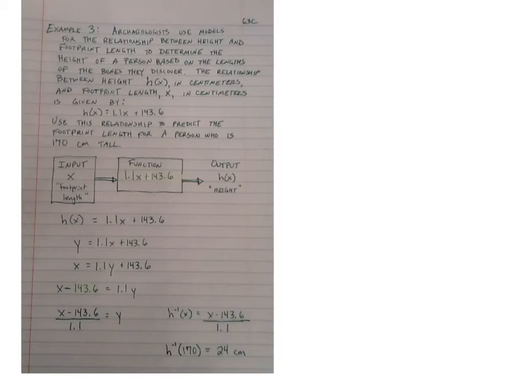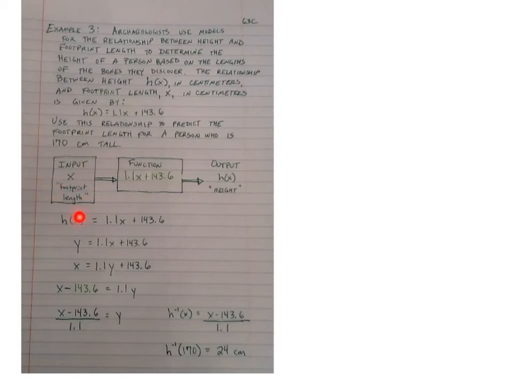Now notice for our function, we input the footprint length into the function and it outputs the height. Well, what we're asking is, if you have the height, what is the footprint length? So what we need to do is find the inverse of this function so that we have the height and we can plug it into the inverse function and get an output of footprint length.